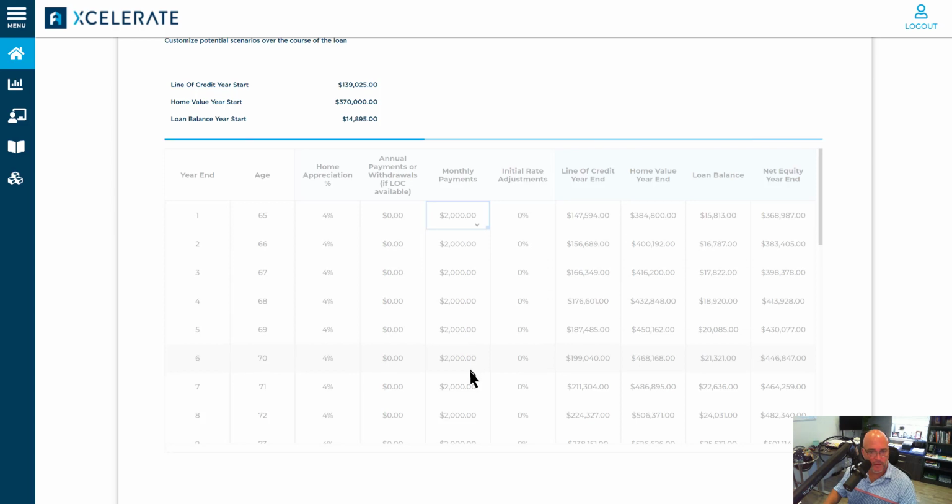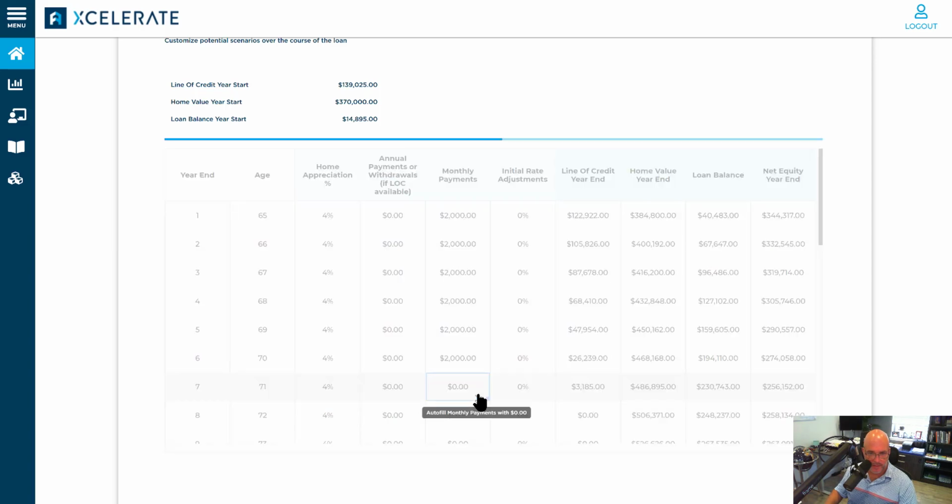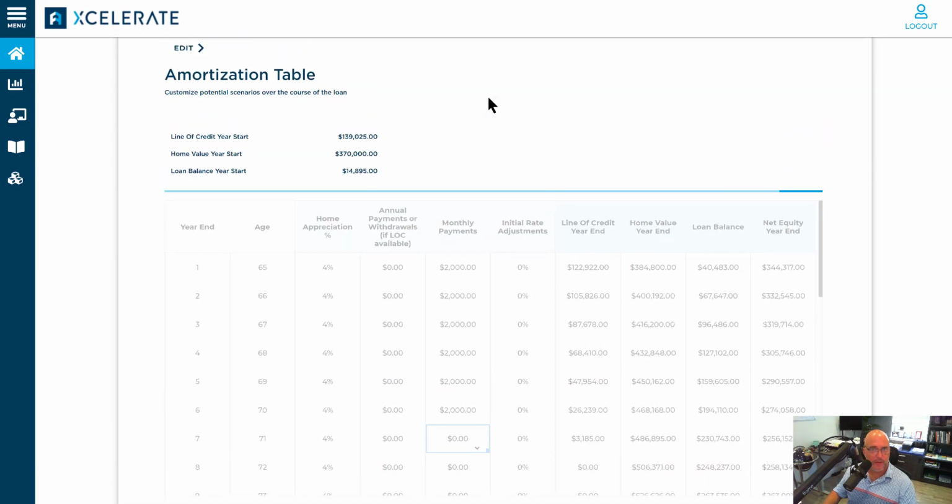And at 70 years old, we'll turn this back to 0. So we'll stop pulling that. And we'll see what the graph looks like now. So basically took it for 6 years, $24,000 a year tax-free, $2,000 a month.